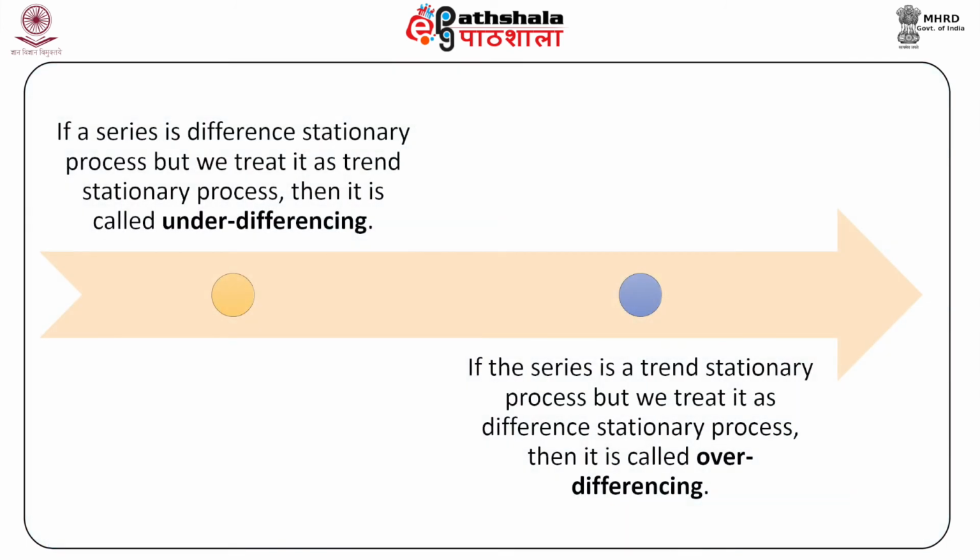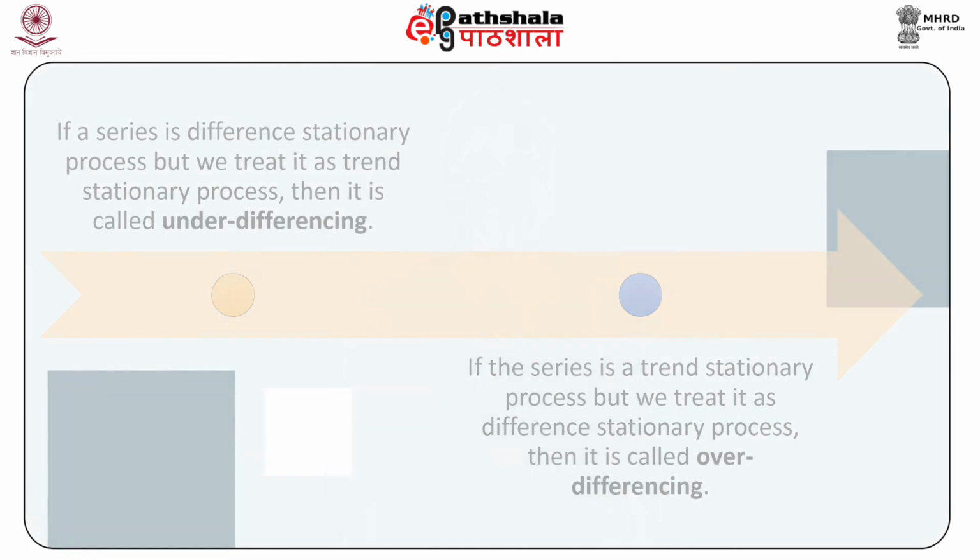However, it should be noted that if a series is difference stationary process, but we treat it as trend stationary process, then it is called under differencing. On the other hand, if the series is a trend stationary process, but we treat it as difference stationary process, then it is called over differencing. So we have under differencing, or we may have over differencing also if we make some kind of errors.